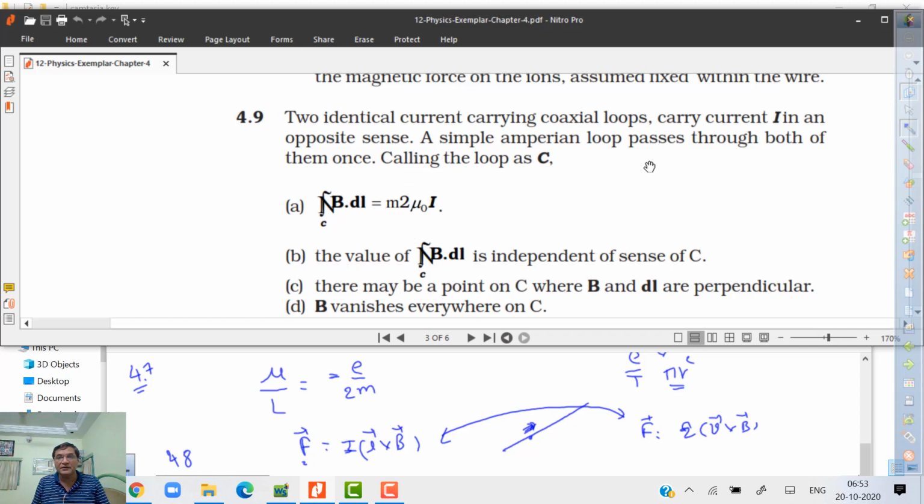A simple Amperian loop passes through both of them; call the loop C. Integration B dot dl is equal to mu 0 m, I don't know, maybe a print mistake, m should not be here. It is plus or minus.